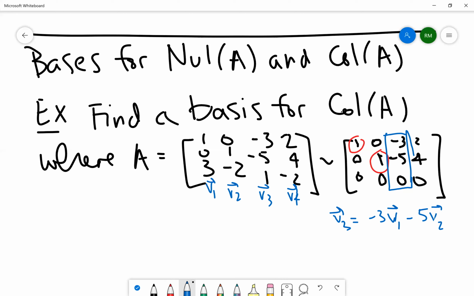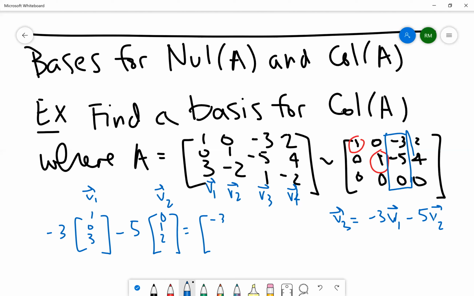All right. Let's see if that's right. Well, -3 times V1 minus 5 times V2. So pretty clearly that's -3, -5, and so it's -9.